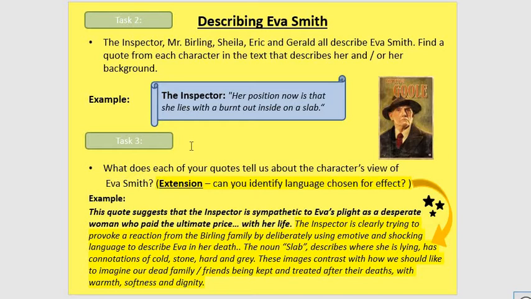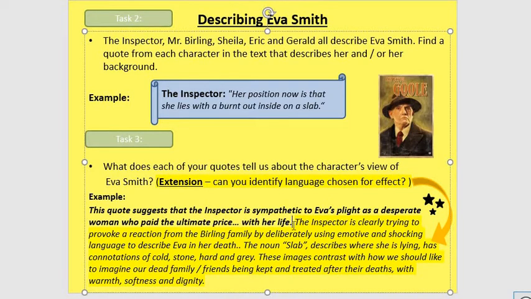Now many of you should be able to go on and do this extension task here in the yellow, which is highlighted. Can you identify any language that's been chosen for effect? In my answer here, the first part that's just in the bold text is the answer to the initial question: what does each of your quotes tell us about the character's view of Eva Smith? And then the yellow is the extension.